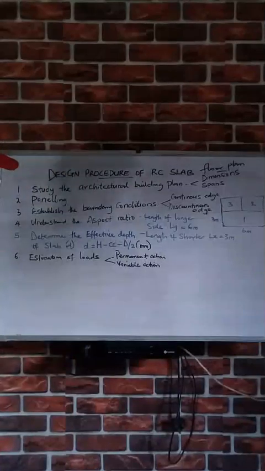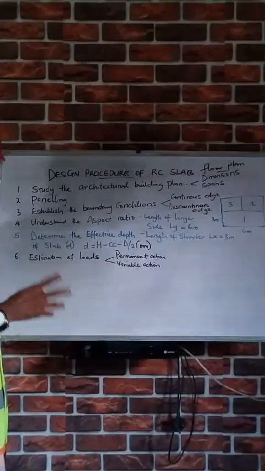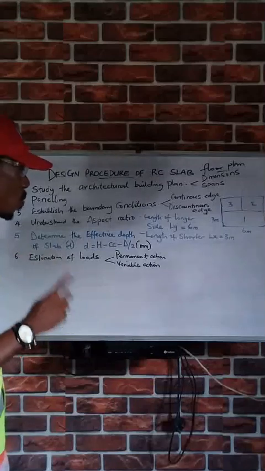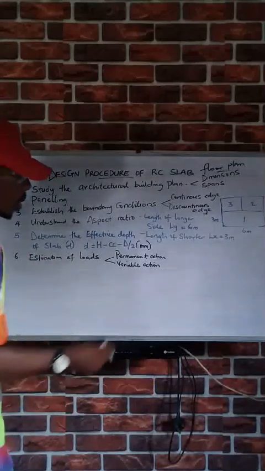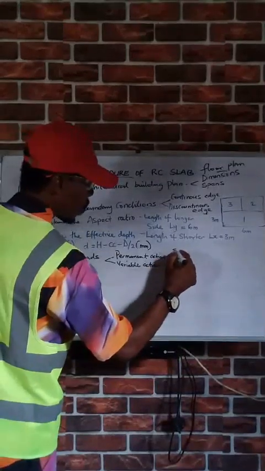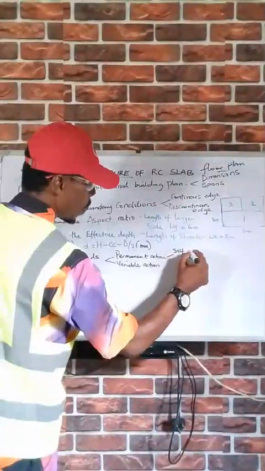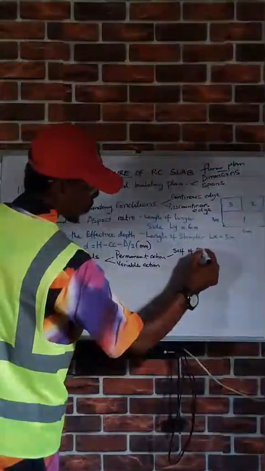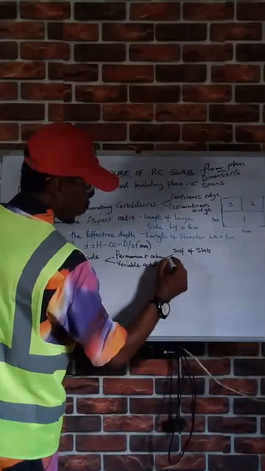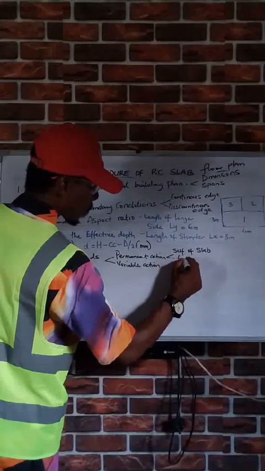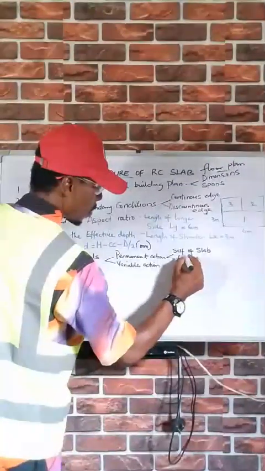Under your permanent actions, you consider the self-weight of slab. You consider the finishings.